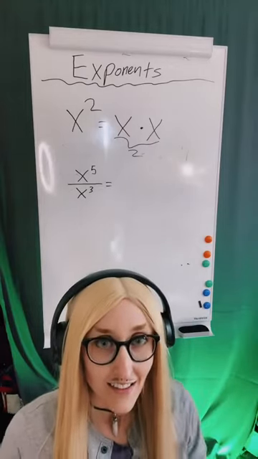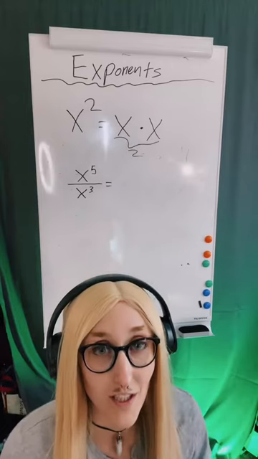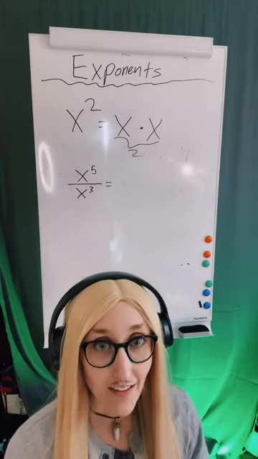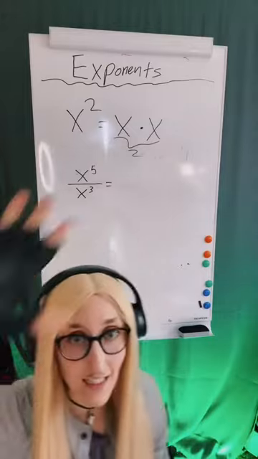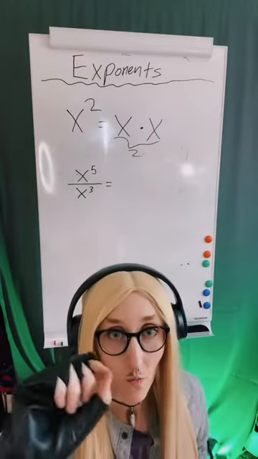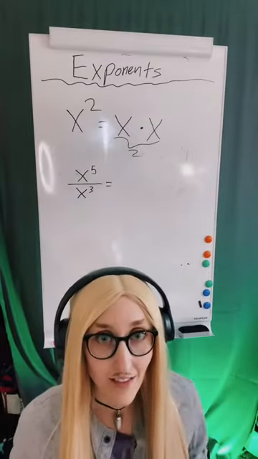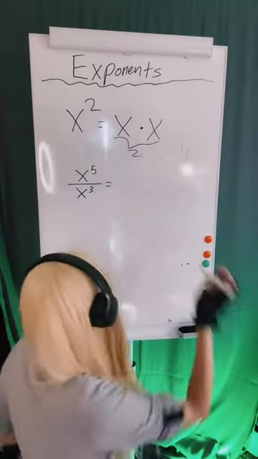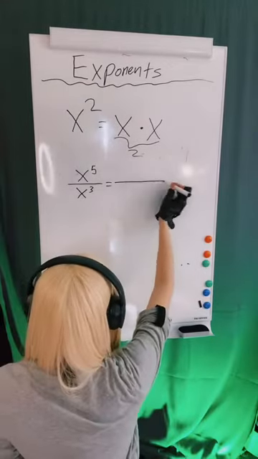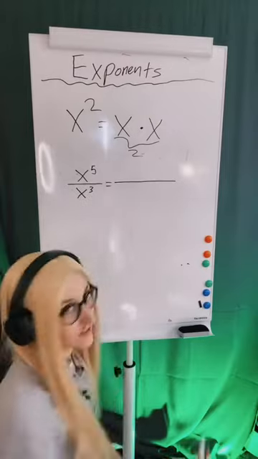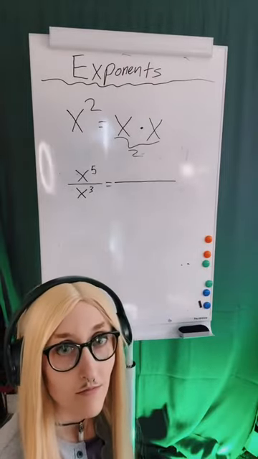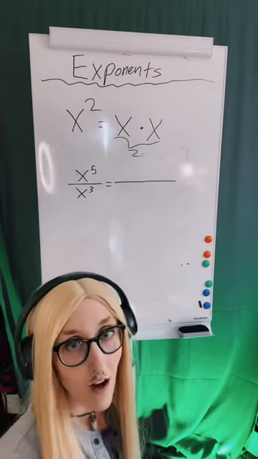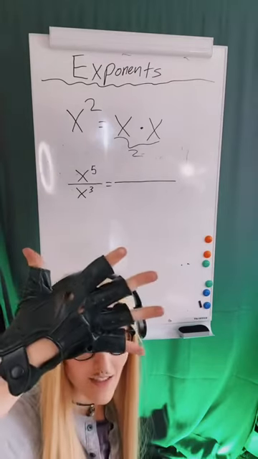All right, let's talk about how we are going to handle this, okay? We're just going to break down for a moment what this says. How many x's do I have on top? On top, I have 5 x's, right?